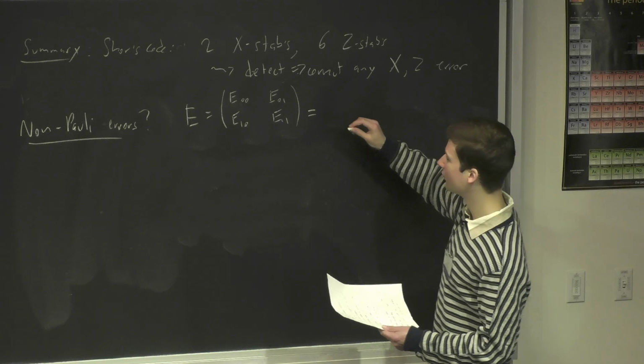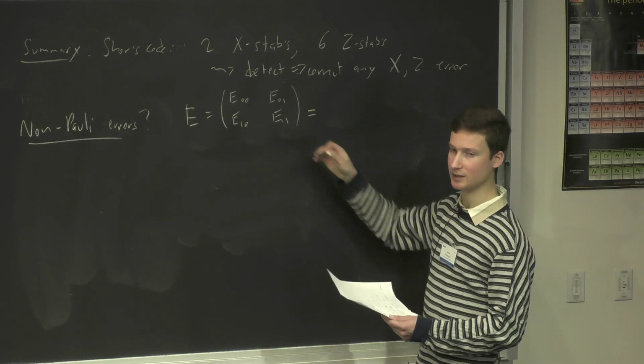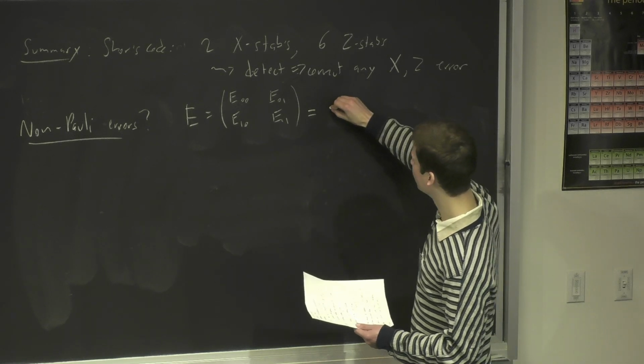The reason is that we can always express an E error as a linear combination of Pauli errors.